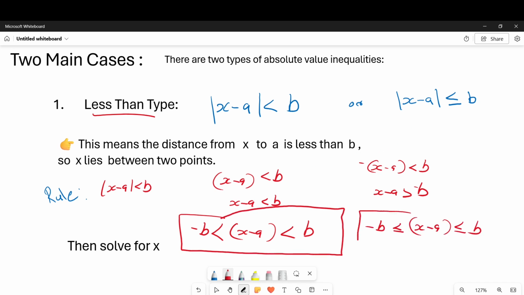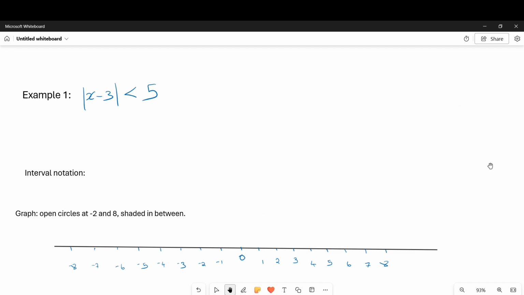Whenever we have an absolute value inequality of the less than type, we can directly jump to this type of inequality. There's no need to split the equation and solve separately; just directly write it in this form. This rule applies only for the less than type. Just try this example here.